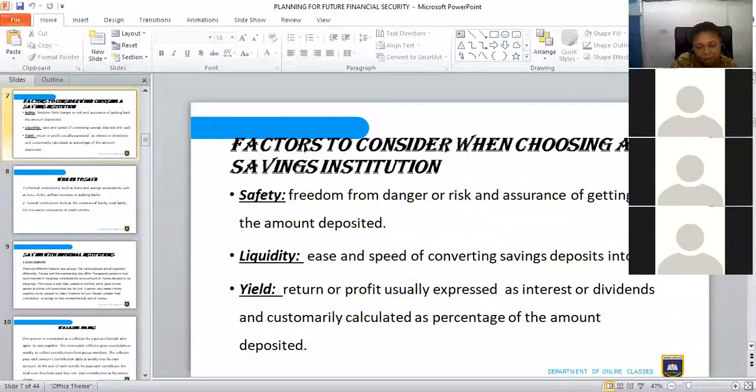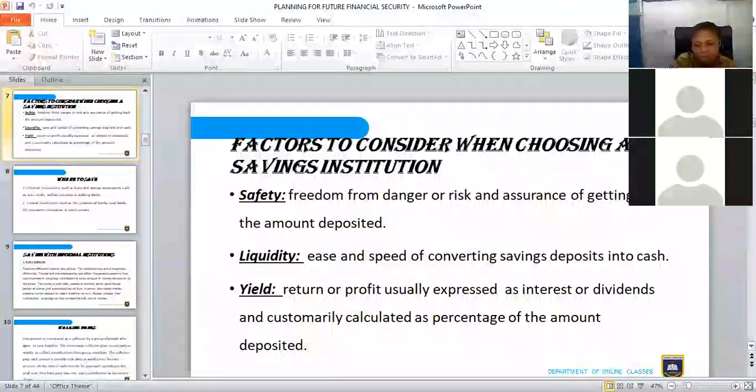Now, let's look at some factors to consider when you are choosing a savings institution. Things you have to take into consideration before you choose a savings institution. One, safety. That is freedom from danger or risks and assurance of getting the money you have deposited back.